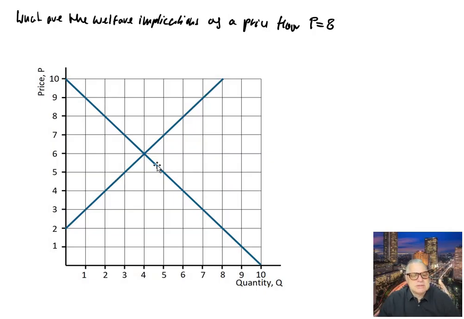So the government says essentially that the equilibrium price that would prevail without any governmental intervention, of 6, is too low. So everyone has to pay at least 8. So let's do that.